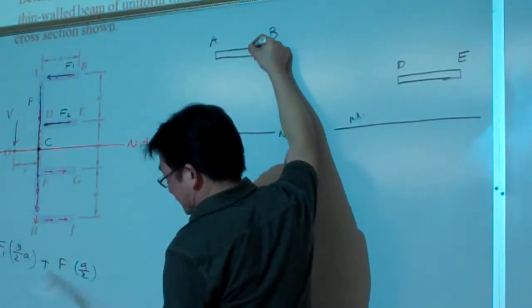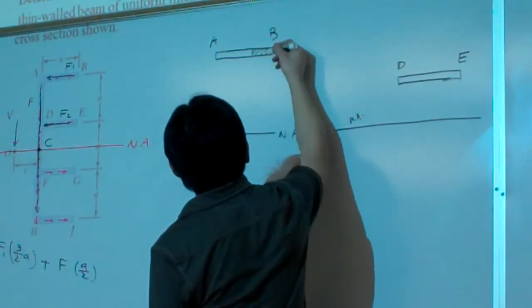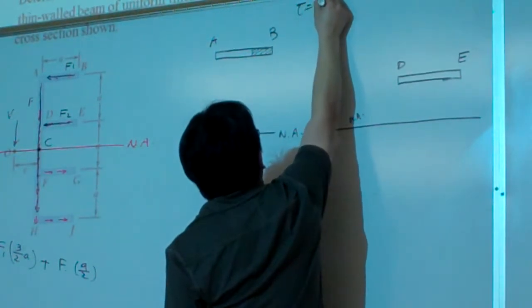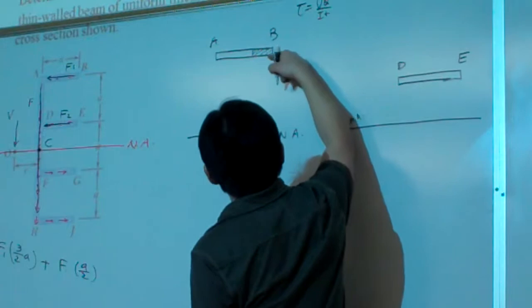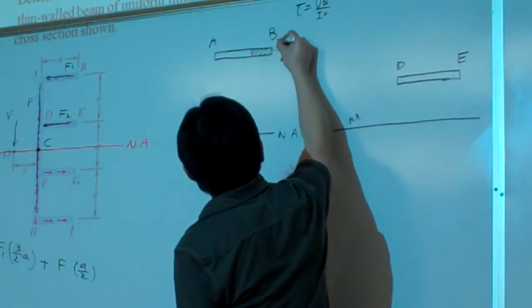Now, say I pick the shaded area. Our formula is tau equal to VQ over It. V is our assumed force. For Q, let me symbolize: let me call this x.